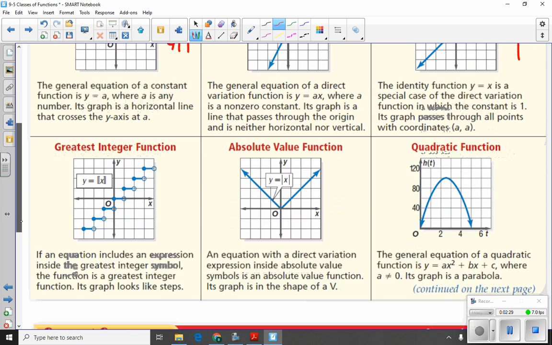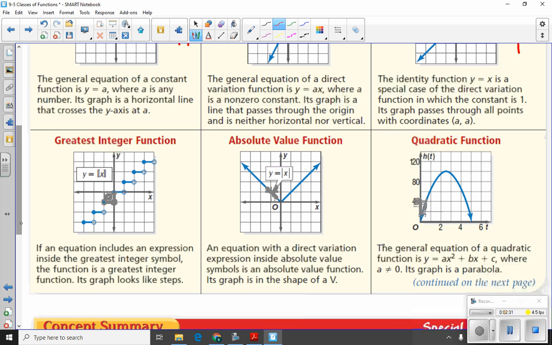Next, we talked about greatest integer functions. These were also known as step functions. And the step functions, you can see the steps. They look like steps. In other words, the greatest integer function cuts off the decimals, and so y will not go up in parts the way x does.